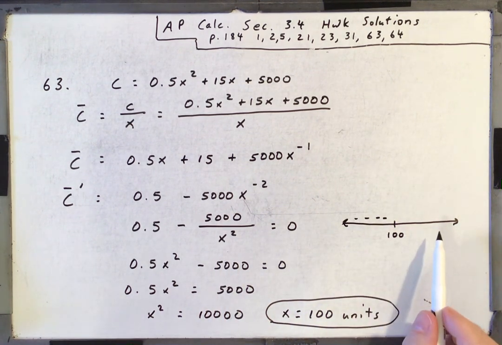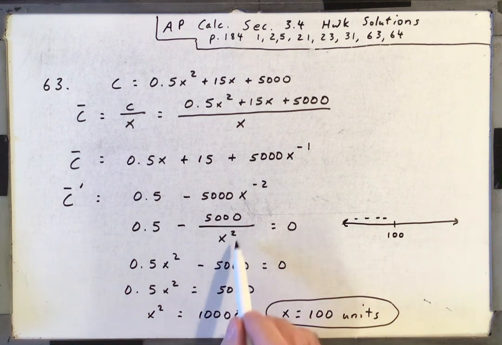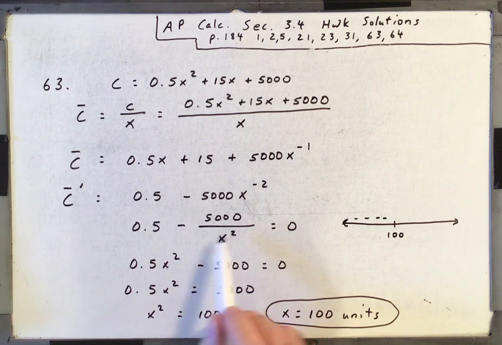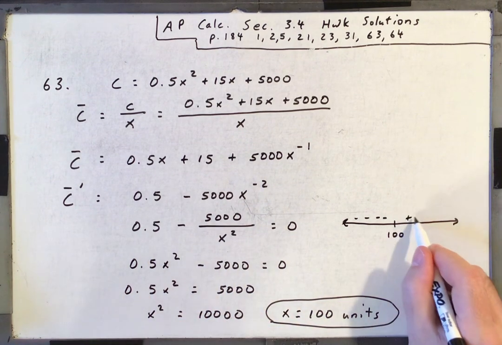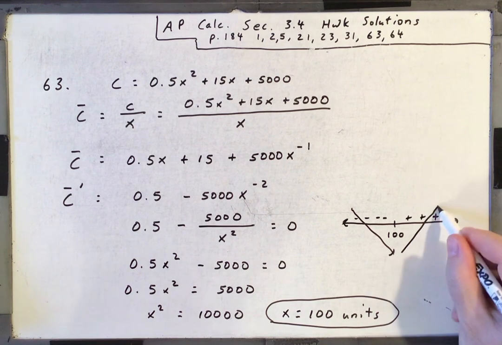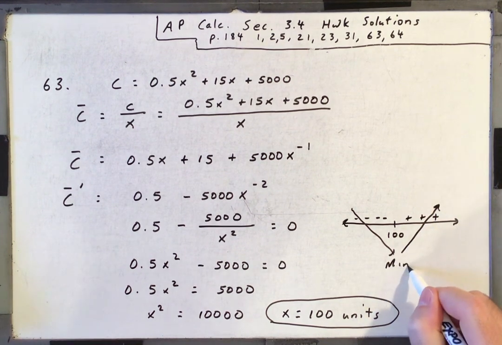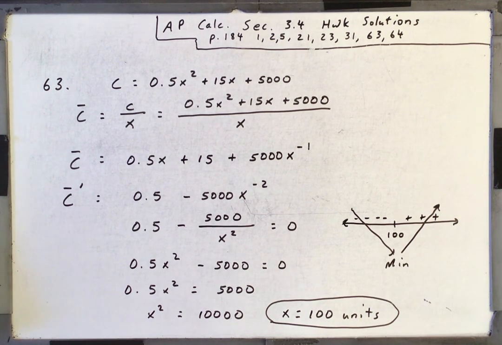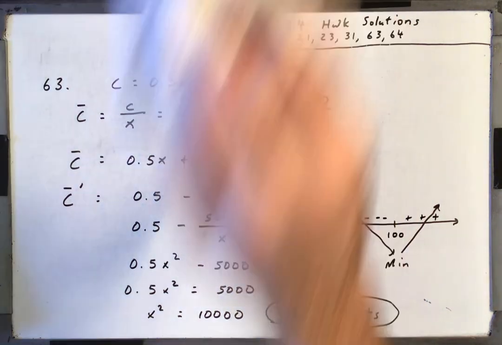Let's pick a million. 0.5 minus 5,000 over a million squared, that's going to be a tiny, tiny number less than 0.5, so that's positive. And it is indeed a minimum. So we are good. The answer is indeed 100 units.